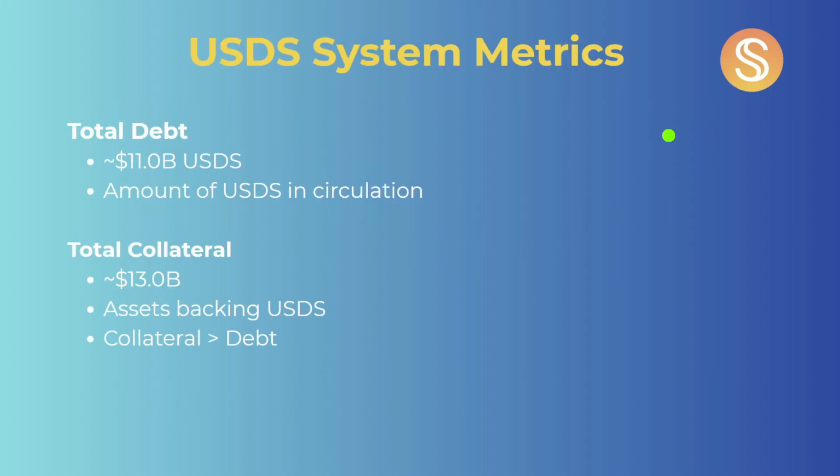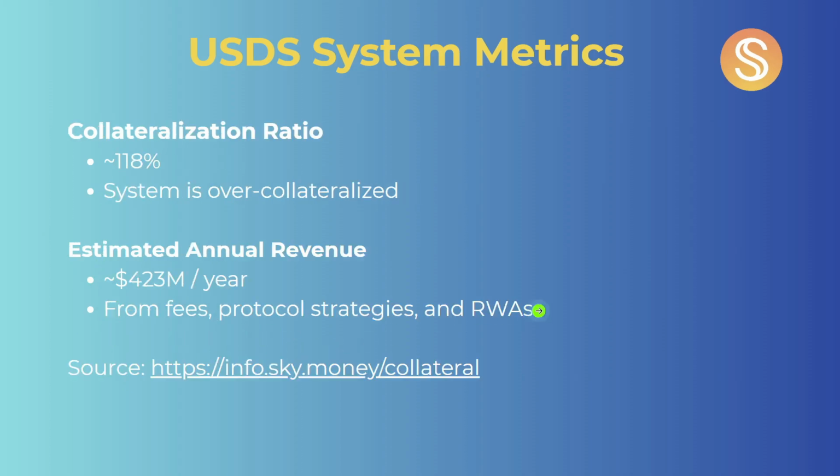So let's check some of the USDS system metrics. The total debt is 11 billion USDS. This is the amount of USDS in circulation. The total collateral is 13 billion. These are the assets that are backing USDS. So the collateral, of course, must be greater than the debt.